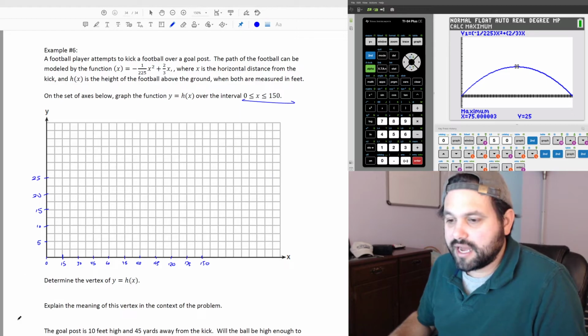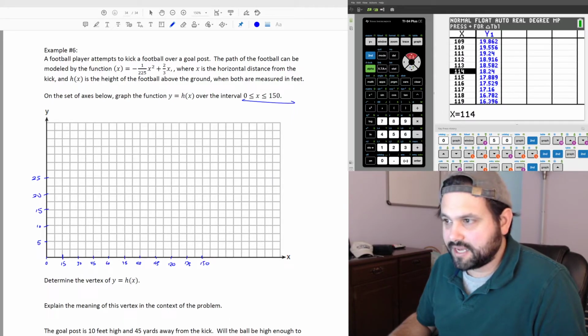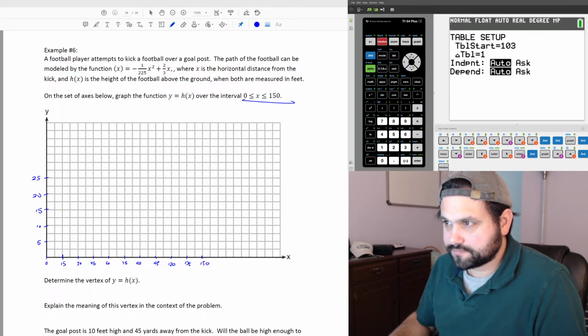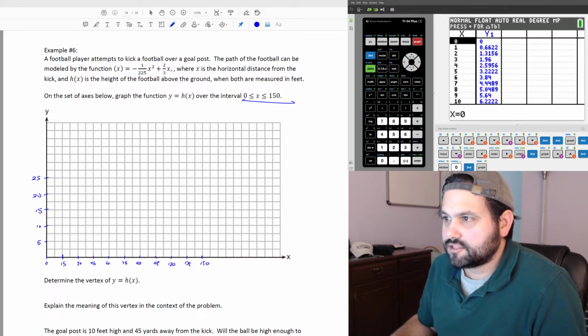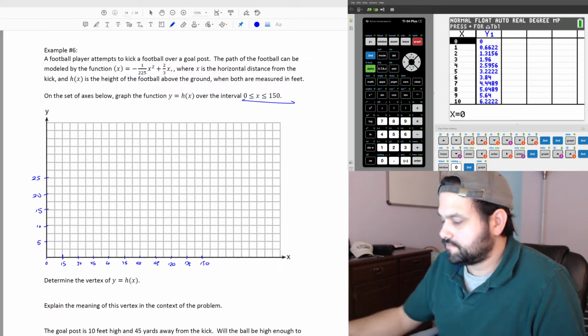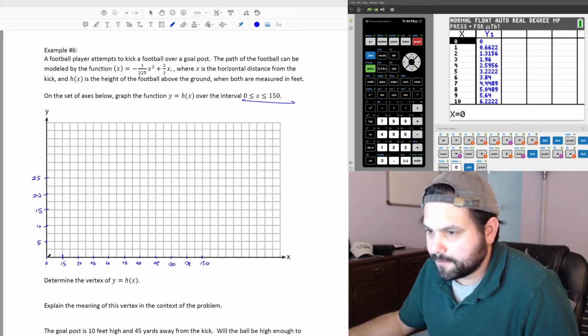Now I start plotting all of those nice points that I found as accurately as possible. So let's go back to 0 on my table and start plotting all the nice points. So 0, 0. Let's plot that right there.